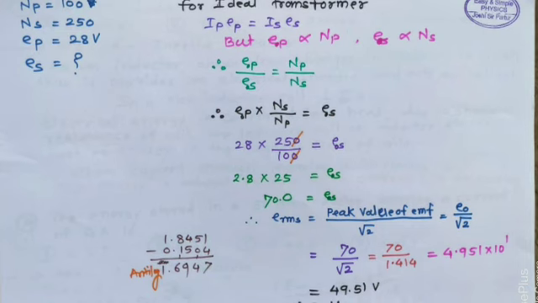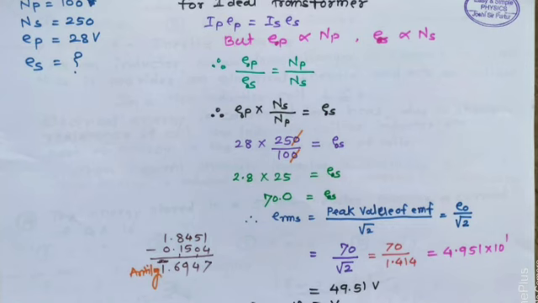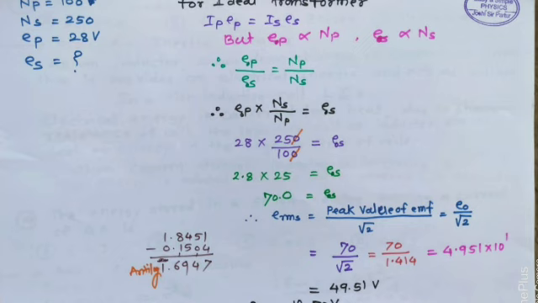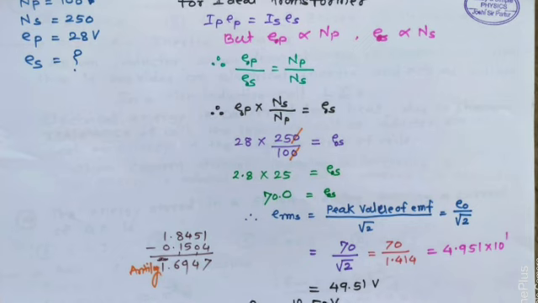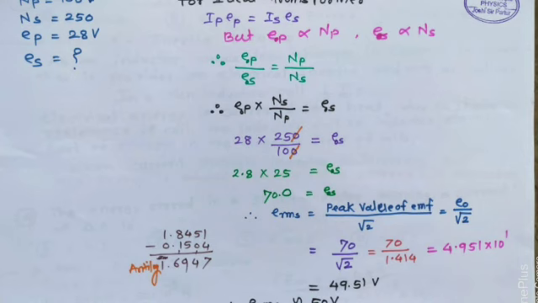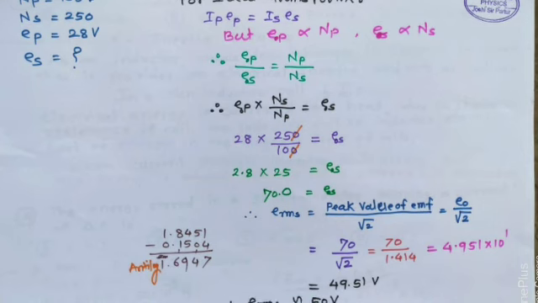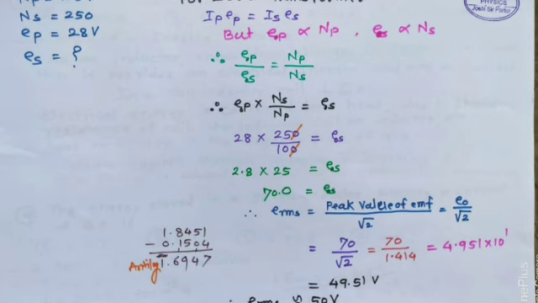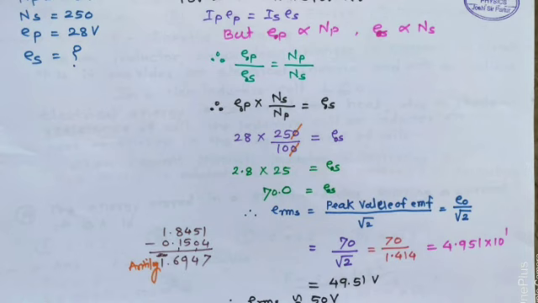turns is 250, EMF across primary is 28, and EMF across secondary can be calculated. First we know that for an ideal transformer IP EP equals IS ES. Here EP is directly proportional to NP, so EP upon ES is equal to NP upon NS.